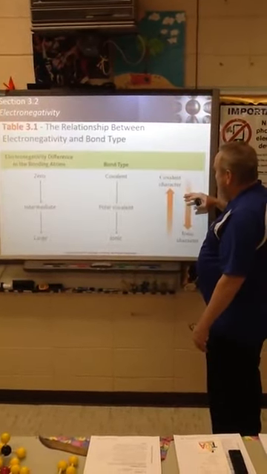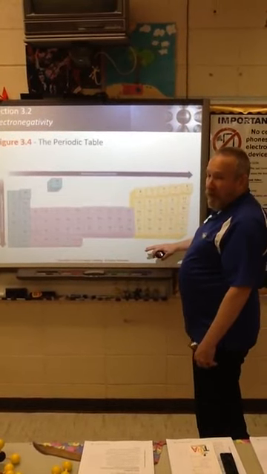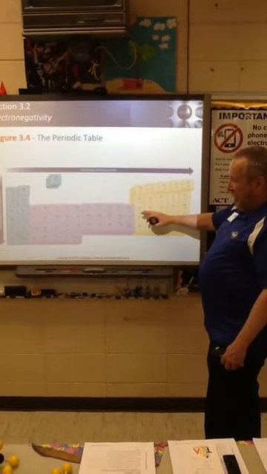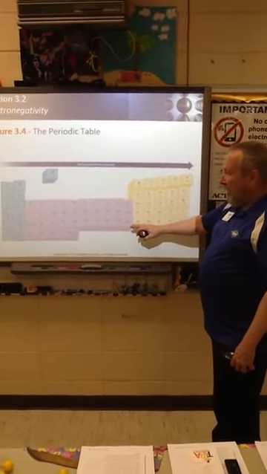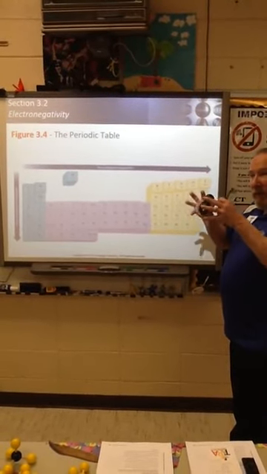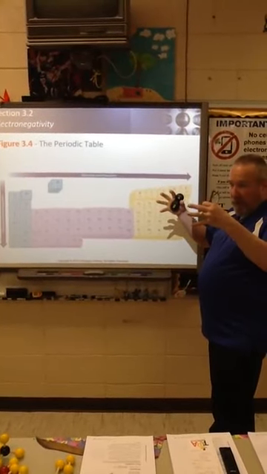But the electronegativity goes down as you go down the periodic table, as you go down a group or a family and go into the higher level periods. That's because those electrons are getting further and further away from that positively charged nucleus.